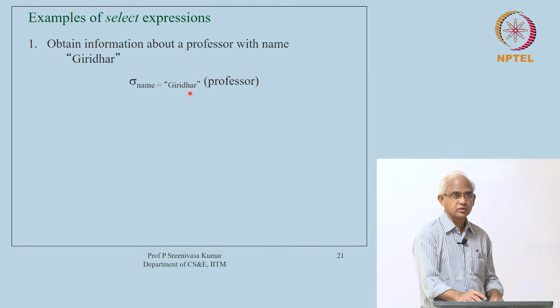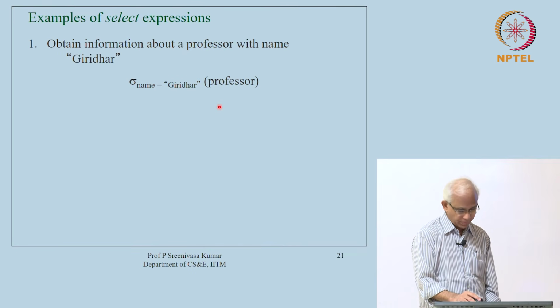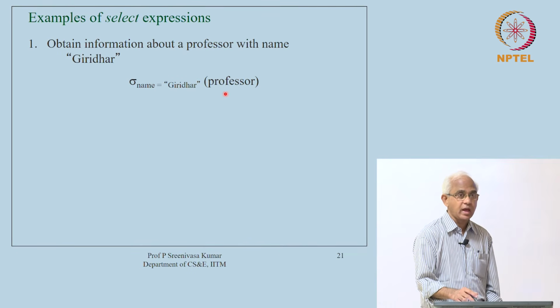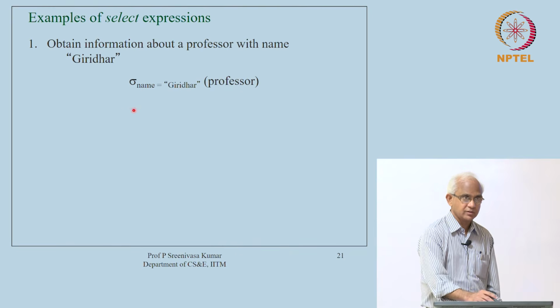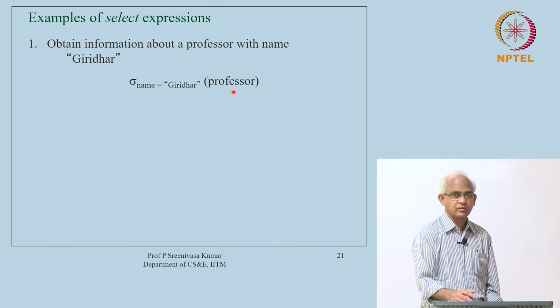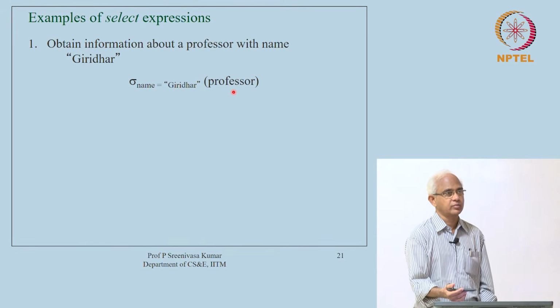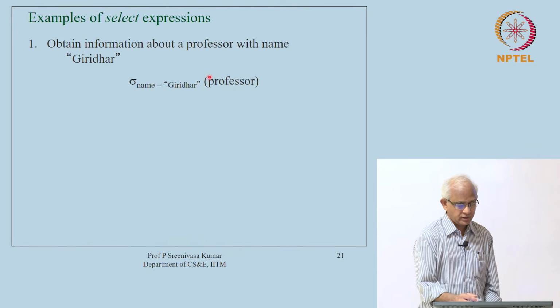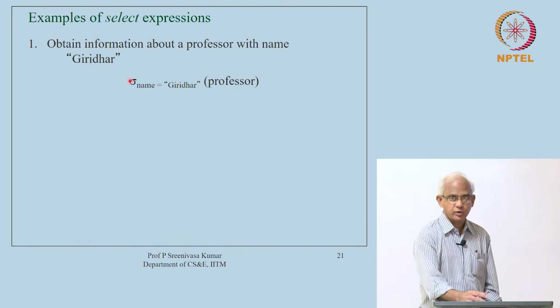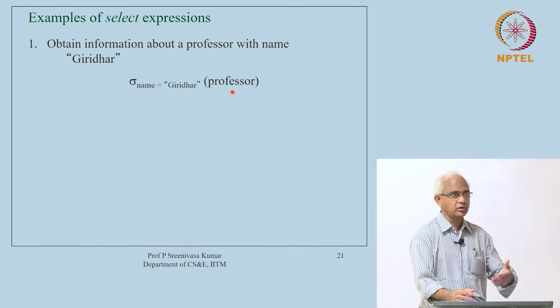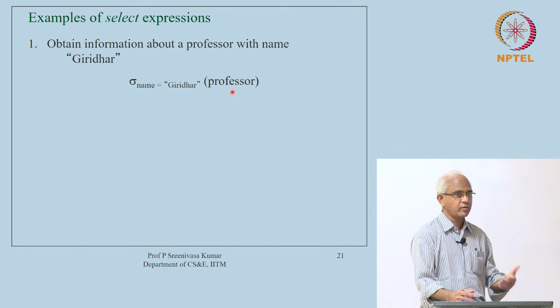Okay. So it is a subset of the original set of tuples. Now we have not yet given a name for that particular result, right. We have to give a name in case we are using this relation produced by this expression later on in some other context. Okay. So we will see that later.